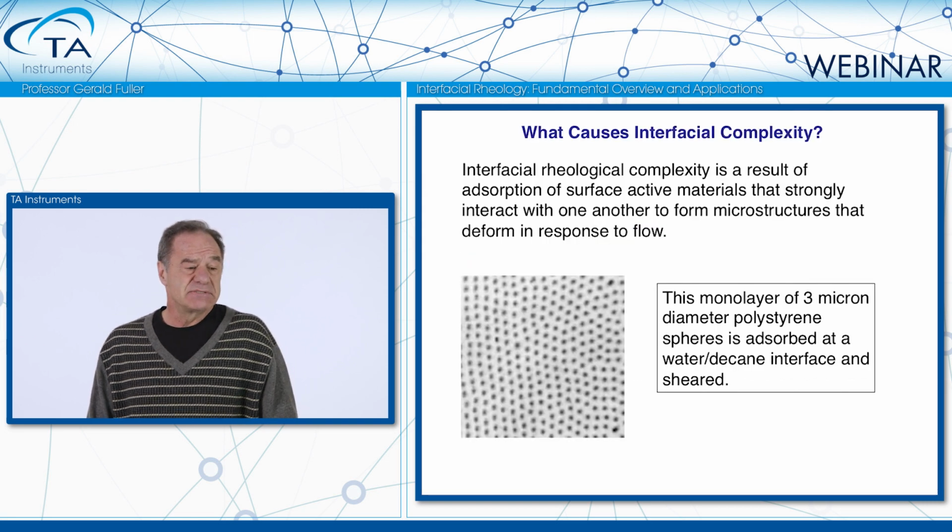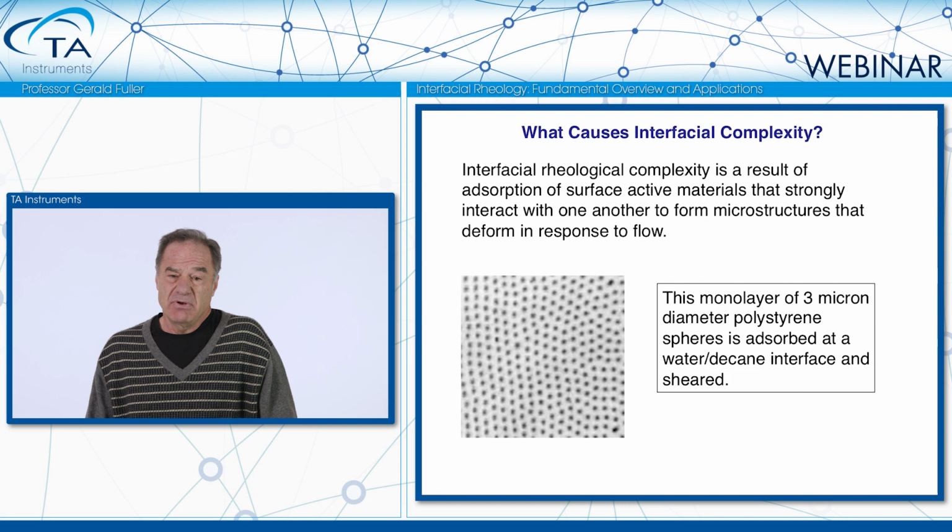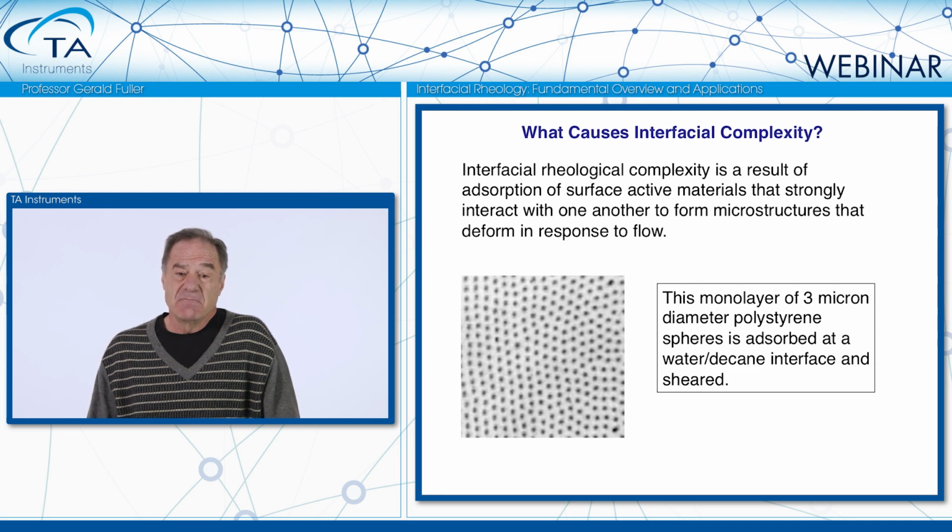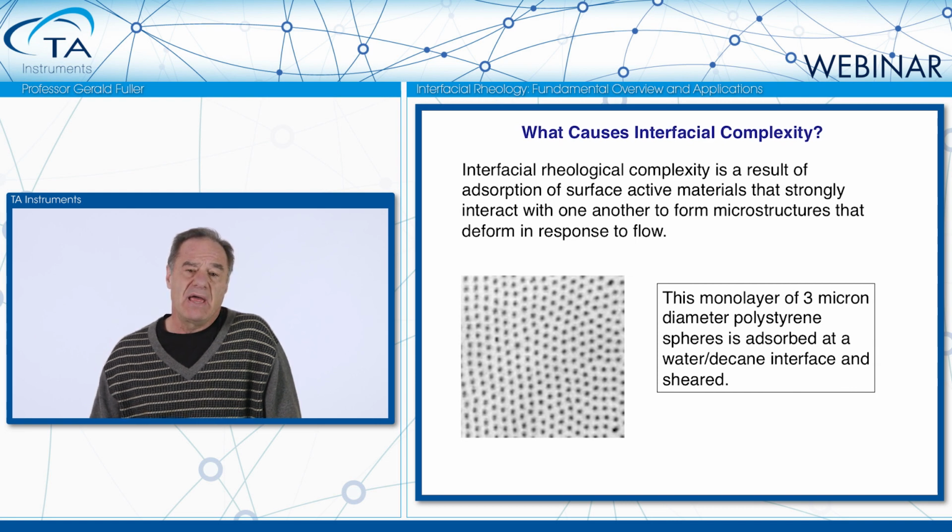So here is an example, again, particle interfaces, but there are many, as I'll go through. Here you see the reason why you get this rheological complexity. You have particles, in this demonstration polystyrene, 3 microns, adsorbed at the interface between decane and water.